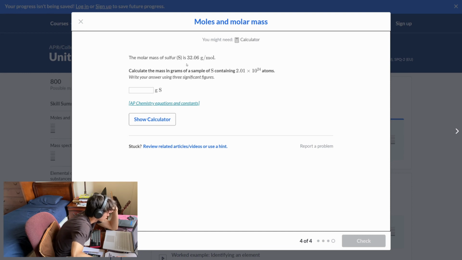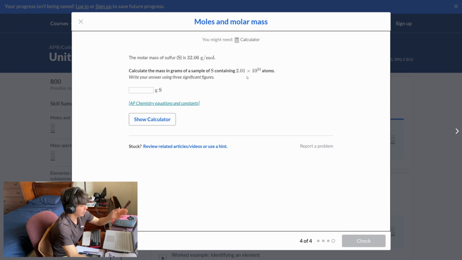The molar mass of sulfur is 32.06 grams per mole. Calculate the mass in grams of a sample containing sulfur atoms. The mass, if it has that many atoms per mole is Avogadro's constant.